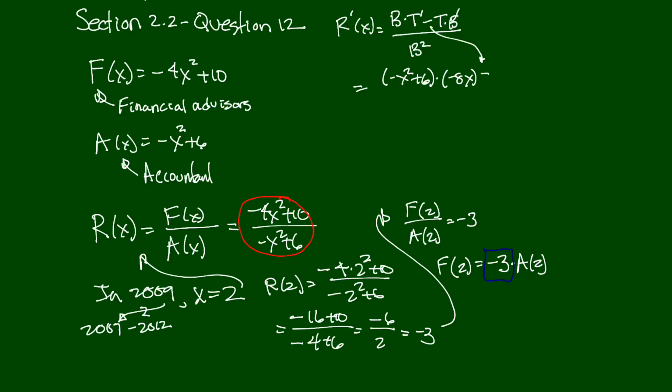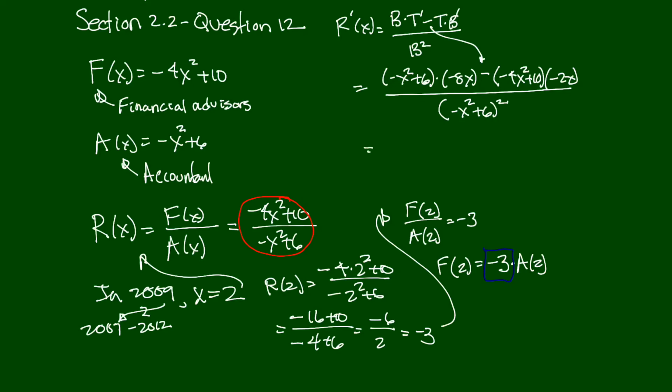Now there's the minus the top, negative 4x squared plus 10, times the derivative of the bottom, which is negative 2x, all over the bottom squared, negative x squared plus 6 squared.